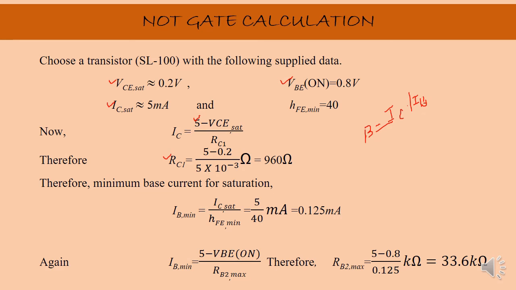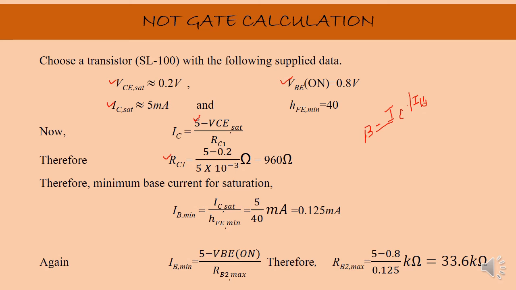Again, for IB minimum, we calculate the voltage difference in the base terminal, that is 5 minus VB on condition value, divided by RB2. We know it from Ohm's law, I equal to V by R. Here V equal to 5 minus VBE, that is 5 minus 0.8 volt, divided by IB, that is 0.125 milliampere. So we get the RB2 maximum value, which is 33.6 kilo ohm.